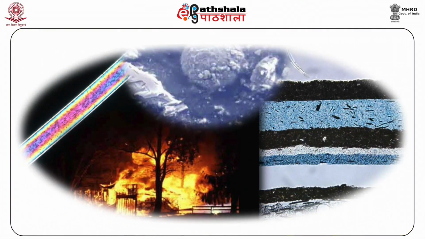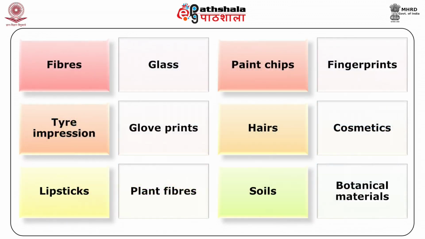The role of trace evidence is important in accident investigation, as it involves the movement of one part against another, hence leaving a telltale mark. A few examples of trace evidence are fibers, glass, paint chips, fingerprints, tire impressions, glove prints, hairs, cosmetics, lipsticks, plant fibers, soil, and botanical materials.